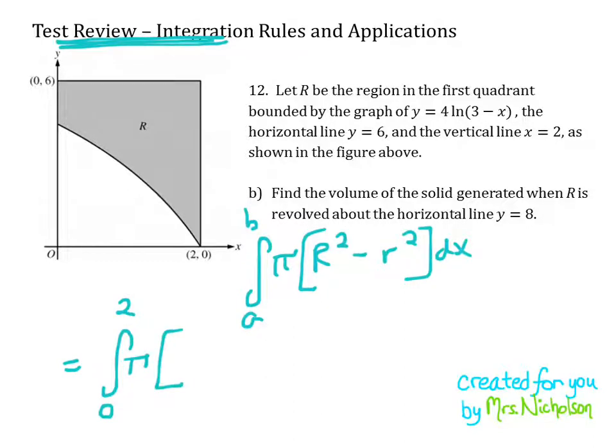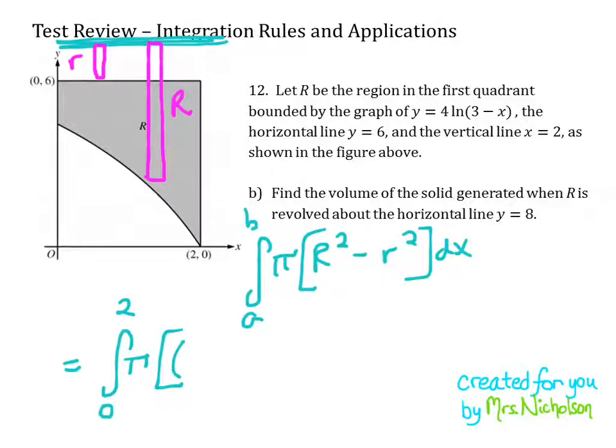Now what I would want you to do is to draw these two radii, the big R and the little r, from the axis all the way to the edge of the graph. That's the big R. And then from the axis to the edge of the hole, that's going to be the little r. And then if we want to know how long those radii are, top minus bottom.